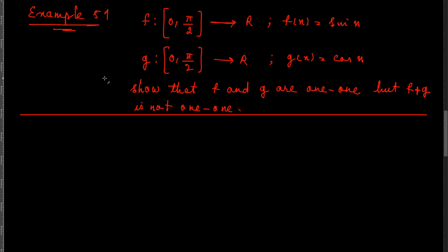Okay, to solve this problem, first of all, you know that f, which is a function that goes from this interval to r, and which is f of x is equal to sine x, is of course a 1, 1 function, considering that you have this domain. And this is also a 1, 1 function considering that you have this domain, g of x is equal to cos x.